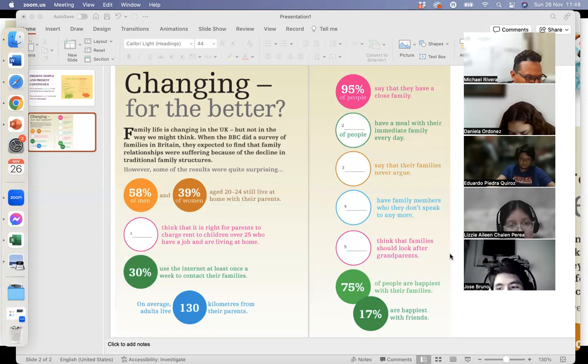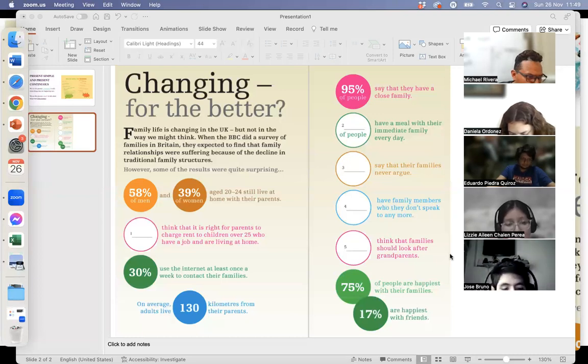So again, these are real statistics, real numbers, not just made up. These are real statistics from what is happening in the United Kingdom. And of course, you can see the cultural differences here, correct?